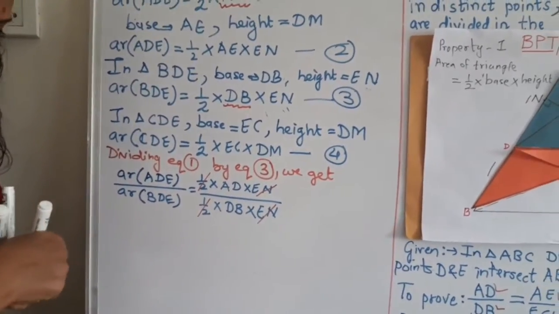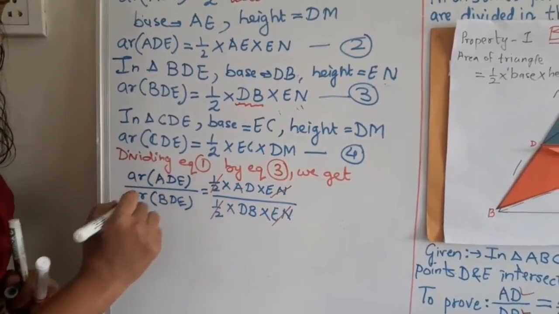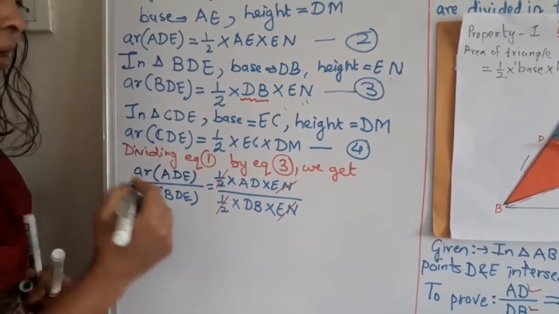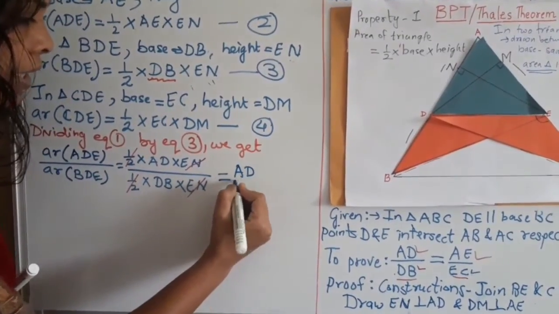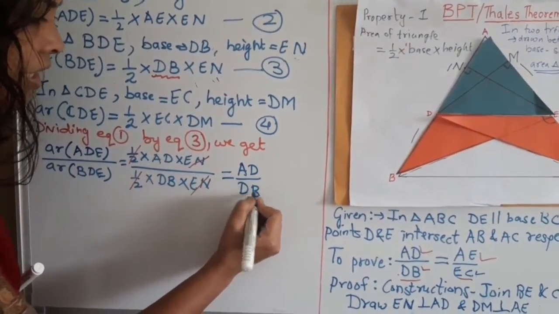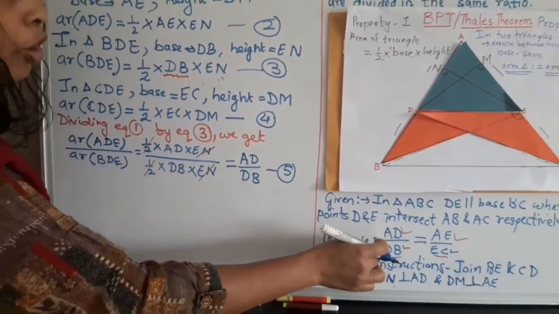So what remains here? That area of triangle ADE upon area of triangle BDE is equal to AD upon DB. Is this not the LHS of what we have to prove?